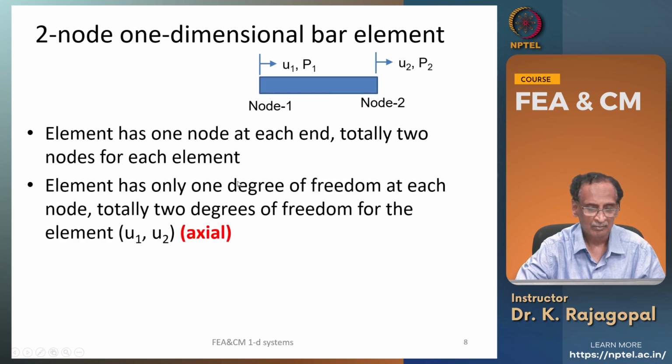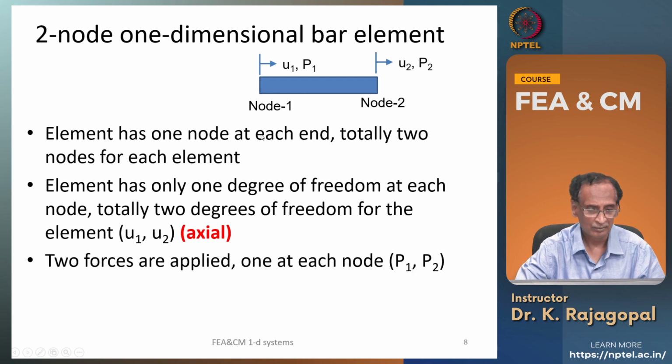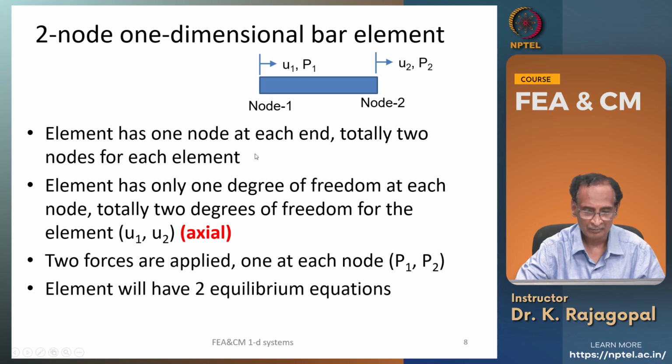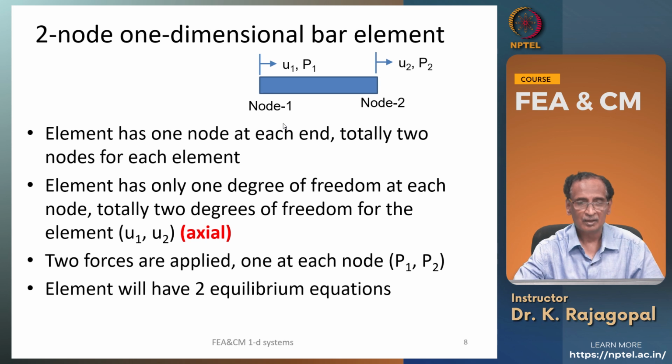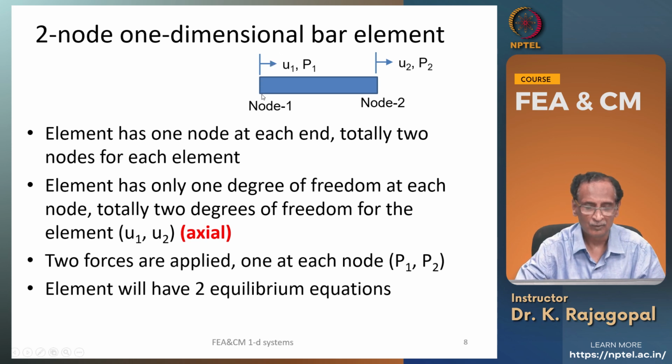Okay. And this element has 2 axial degrees of freedom u1 and u2, and then 2 axial forces P1 and P2. Okay. And since we have 2 degrees of freedom, this element will have 2 equilibrium equations, that is reaction at node 1 R1 should be exactly equal to P1, and the reaction at node 2 should be exactly equal to the applied force P2.